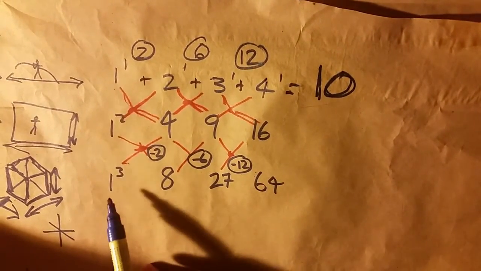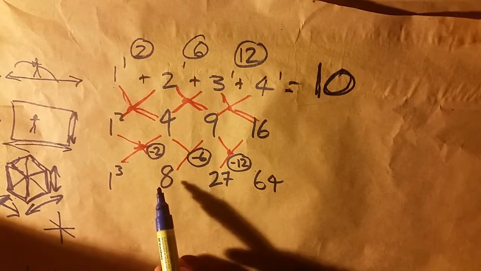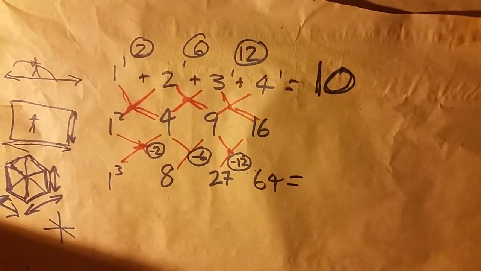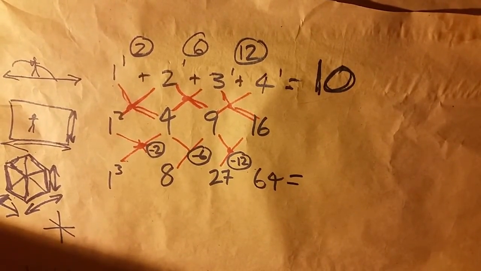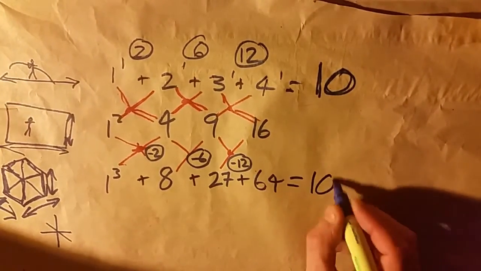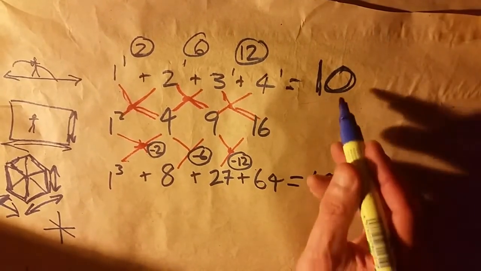Another pattern you'll see repeated is 1 plus 8 plus 27 plus 64, which equals 100. So if we add the three-dimensional line, we get 100.